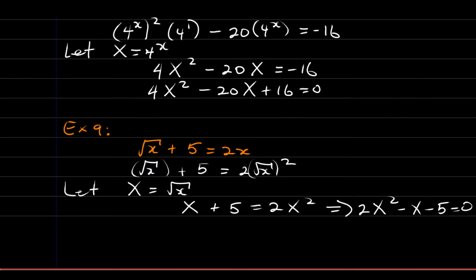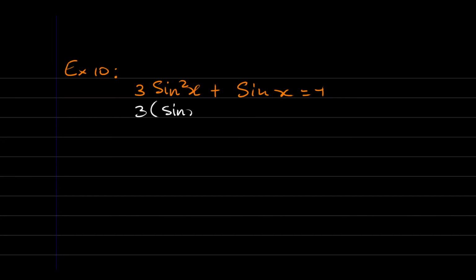And then I think I have one more. Let's do number 10. So example number 10 was 3 sine squared x plus sine x equal to 4. And we can rewrite this as 3 into sine x squared plus sine x equal to 4.